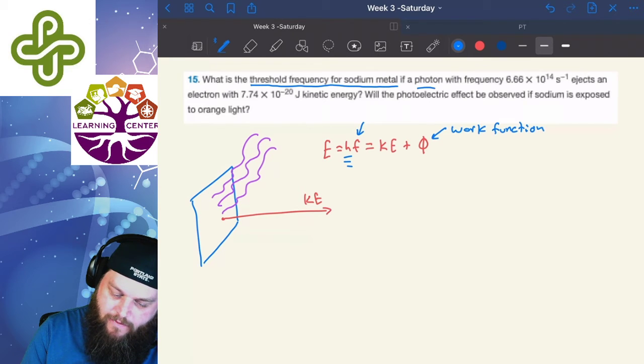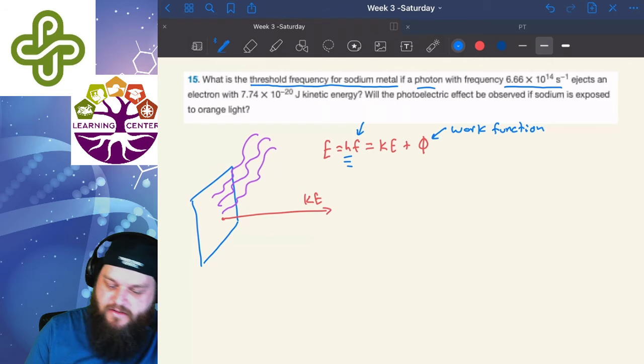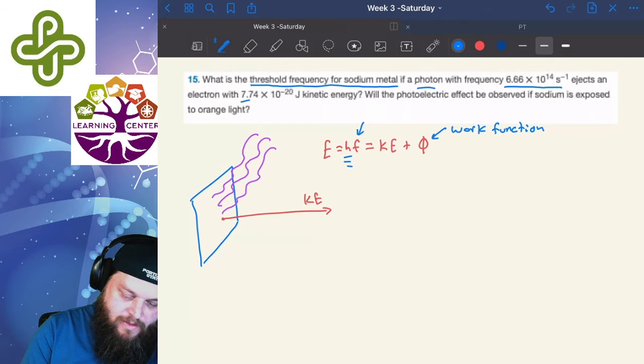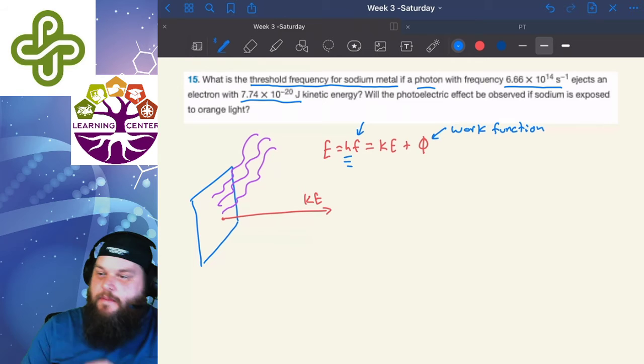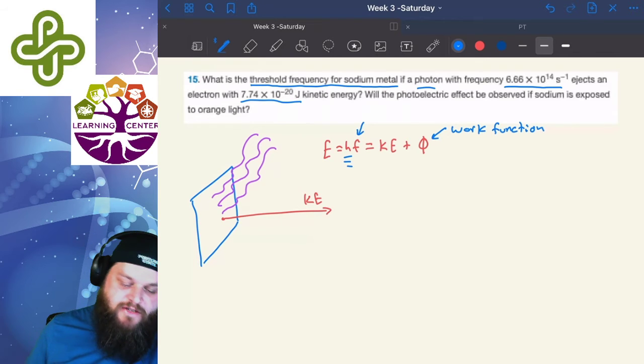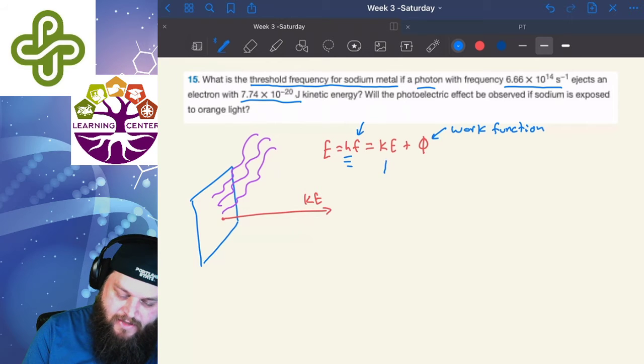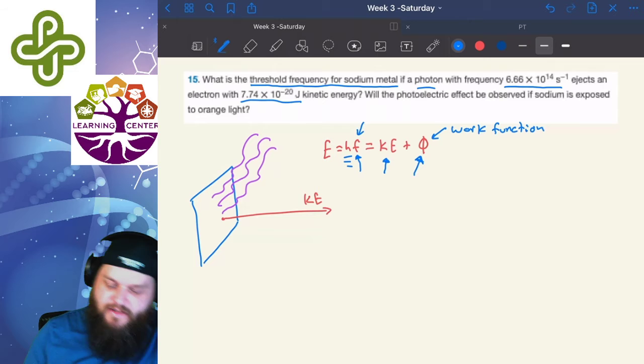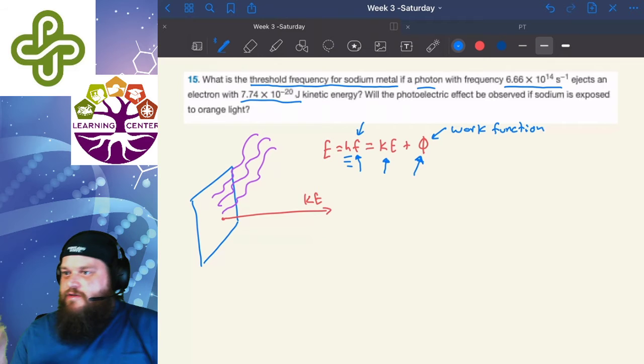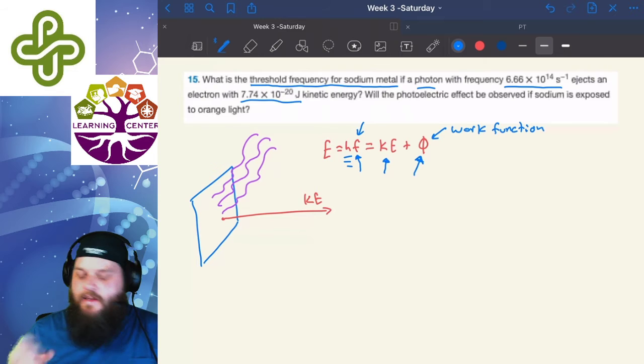If we have a photon with this frequency, 6.66 times 10 to the 14 hertz, they tell us that we've observed an electron being ejected with this much kinetic energy, 7.74 times 10 to the negative 20. So they're telling us the kinetic energy, and they're telling us the frequency, and we can use that to determine what that work function is, because the difference in energy between the energy of the light of that frequency and the kinetic energy is going to equal that work function.